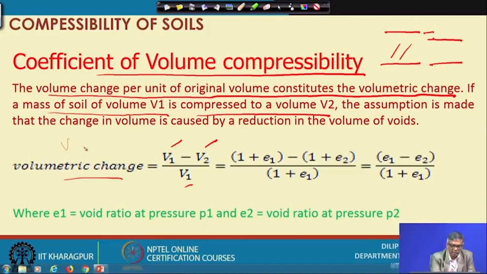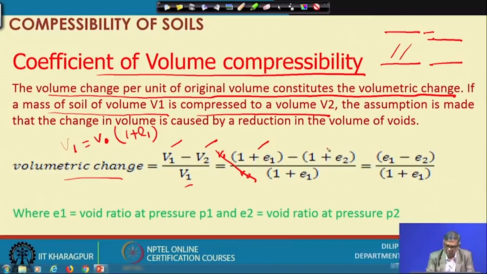V1 can be written as V0 into 1 plus E1, and V2 can be written as V0 into 1 plus E2. If I express the volumes in terms of void ratio, V0 appears in both numerator and denominator and gets cancelled finally.